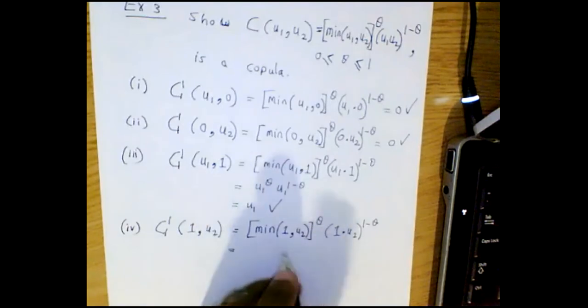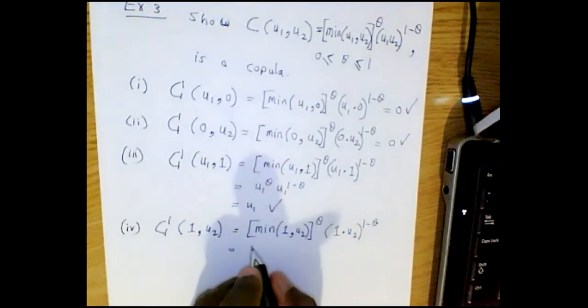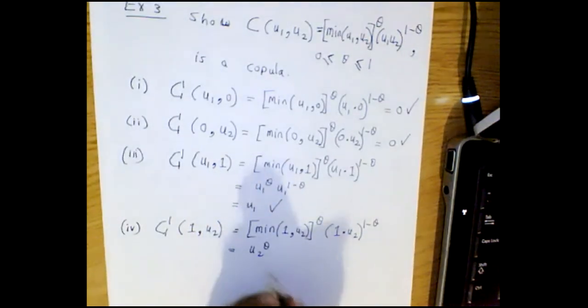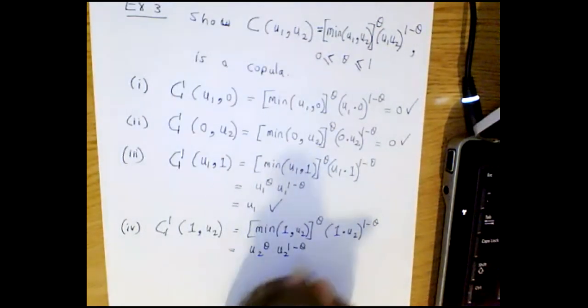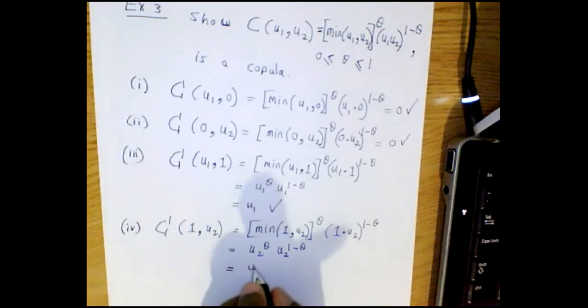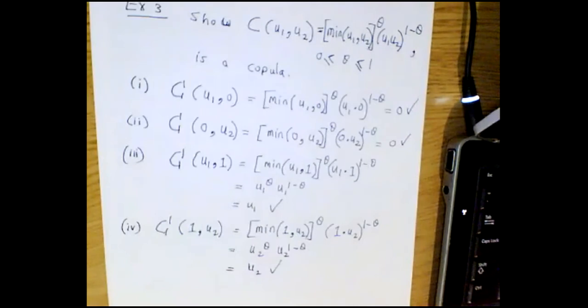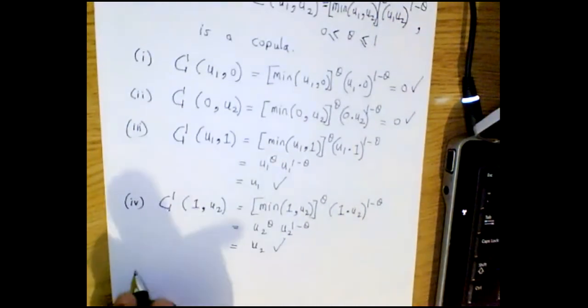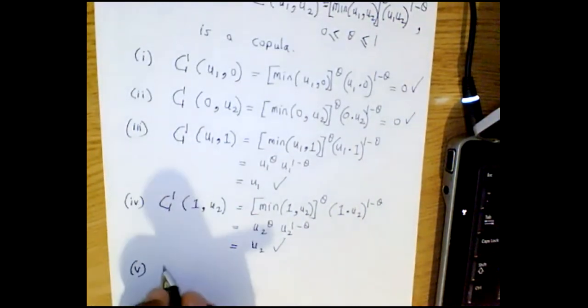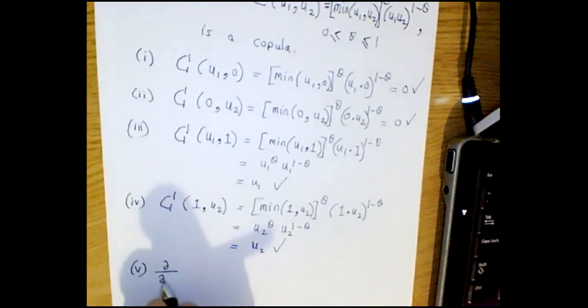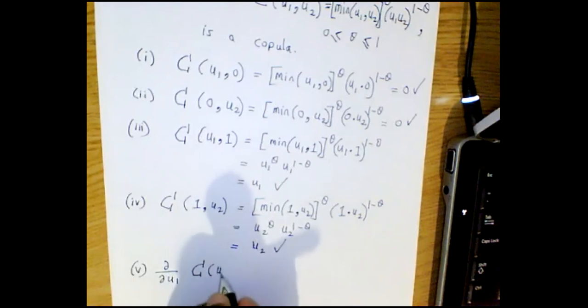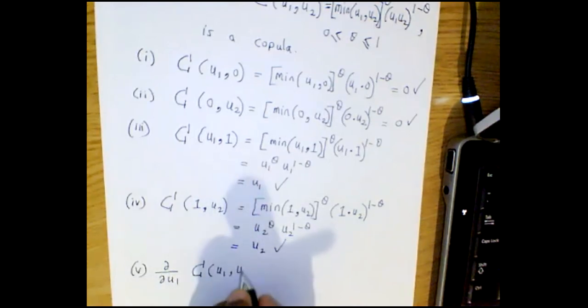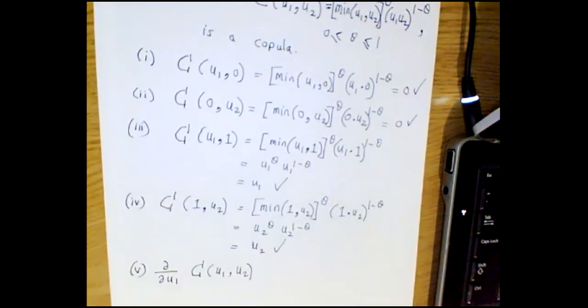So here, once again, the minimum of these two is u2. And here you have u2 power 1 minus theta. So this is u2. So condition 4 is satisfied. Okay. Now condition 5 is the partial derivative of, okay.